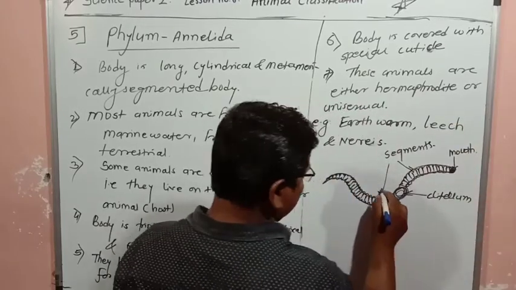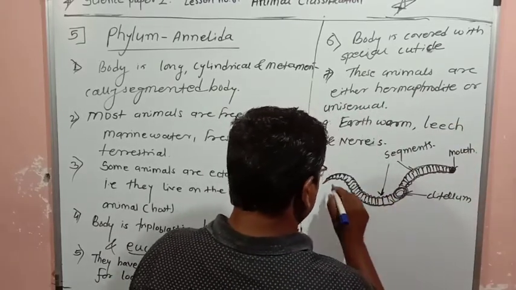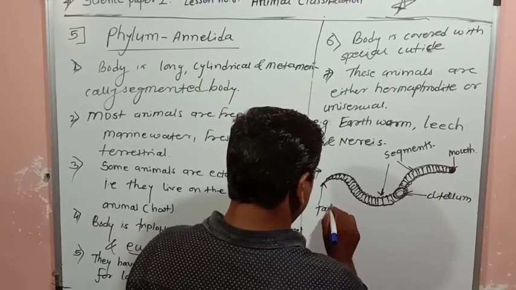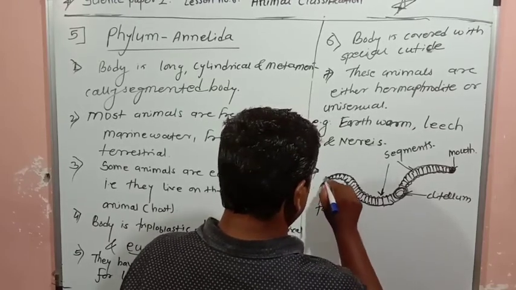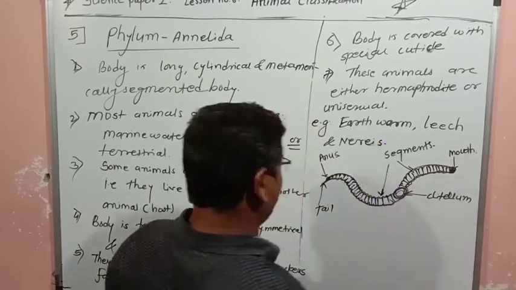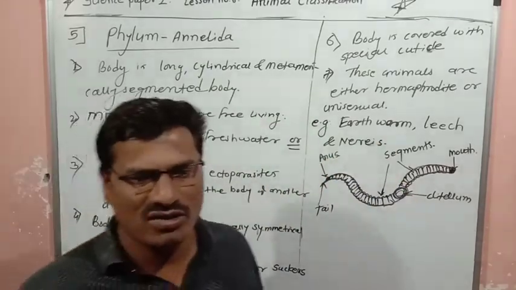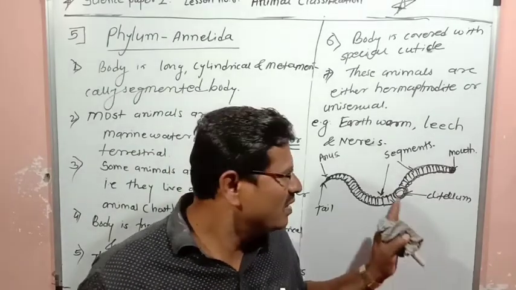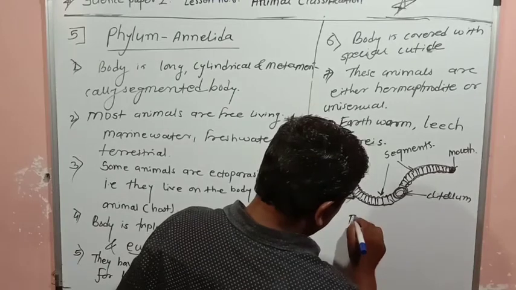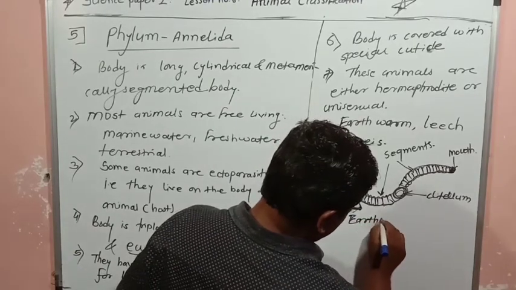After that, here you can say tail, and here the anus. So this is the diagram for the earthworm.